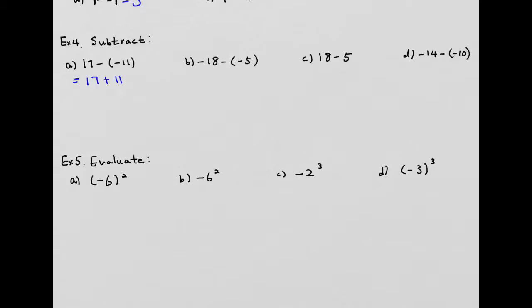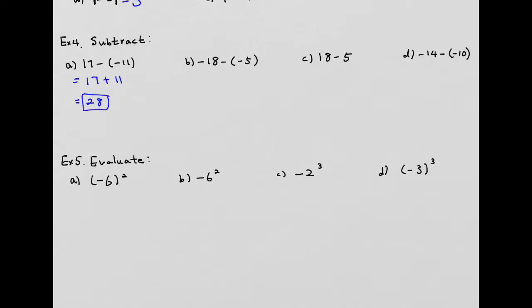Once you only have one sign between numbers, then if the signs are same, add them. If signs are different, subtract them. So this number is positive 17. This number is also positive, positive, positive. So you're adding this number and your solution will be positive. So that becomes 28.